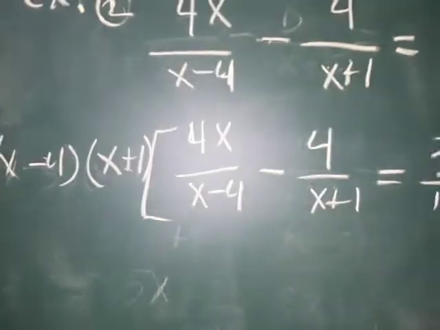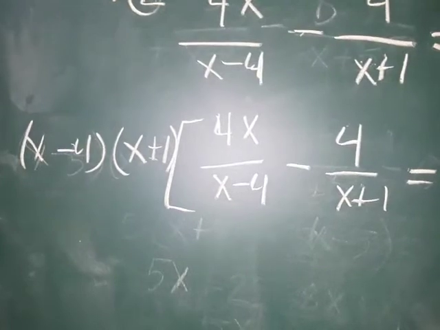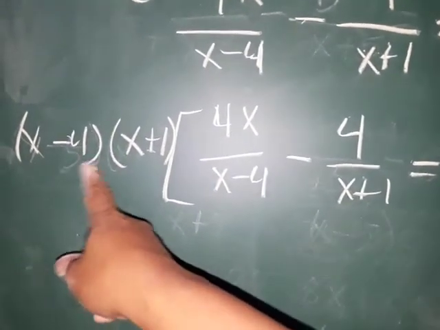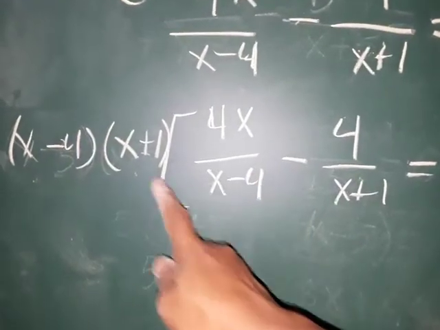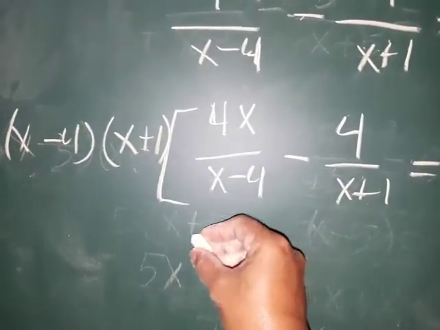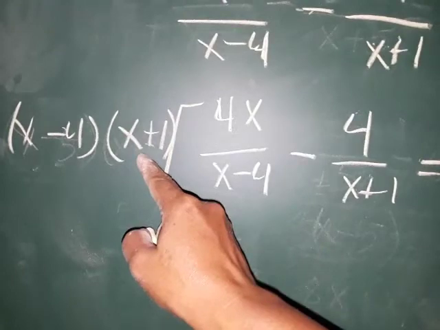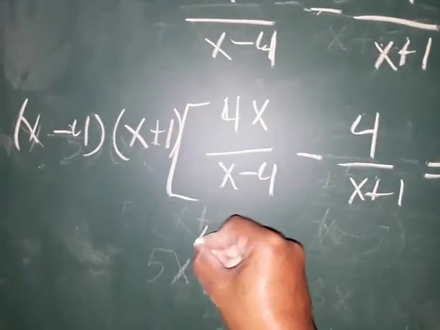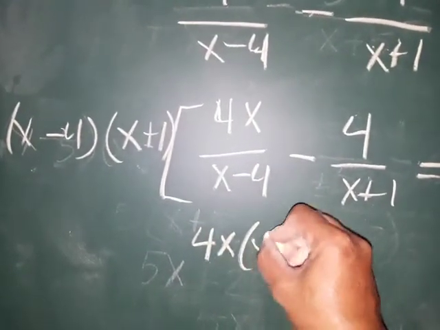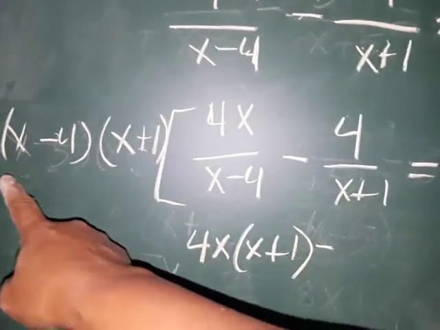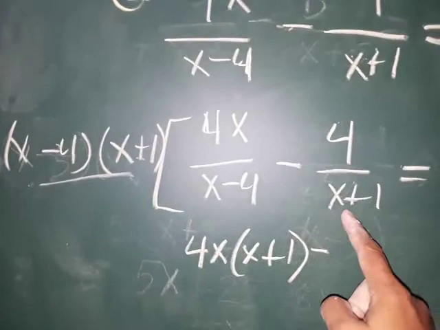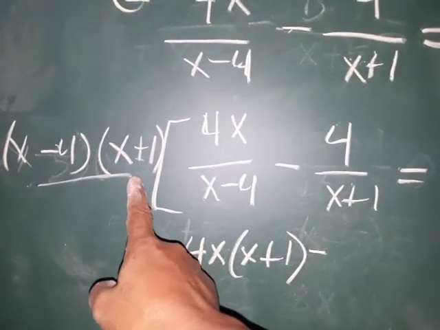Okay? So, pareho lang sa ginawa natin kanina. X minus 4, x plus 1 divided by x minus 4. Cancel, cancel. X plus 1 ang matitira. So, multiply natin siya by 4x. So, 4x, x plus 1 minus the LCD divided by x plus 1. So, cancel ang x plus 1.